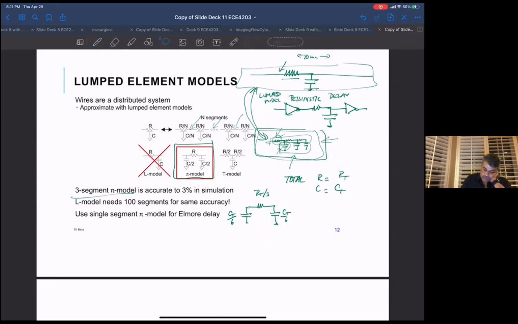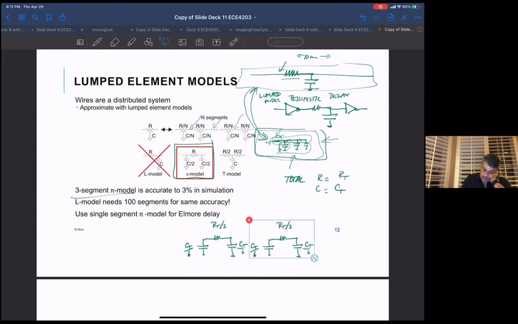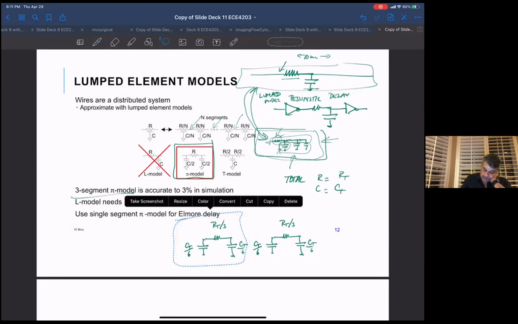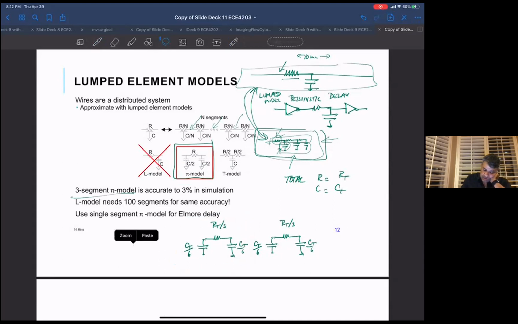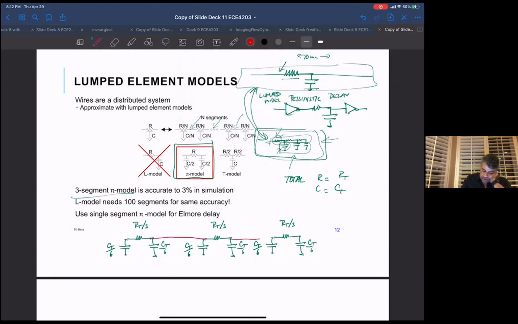Let me just copy it over. Okay, and then you connect it up and you put your source right here and you put your load here.